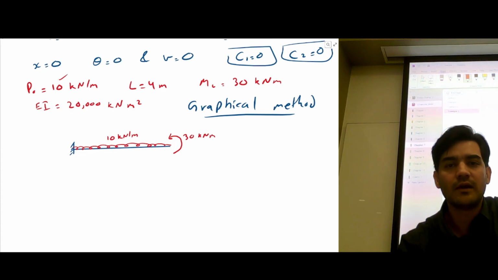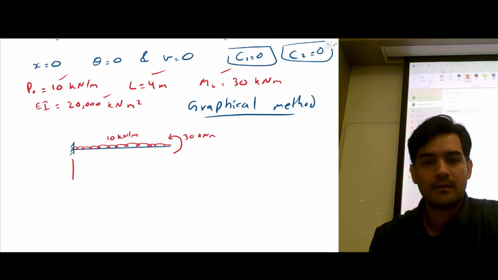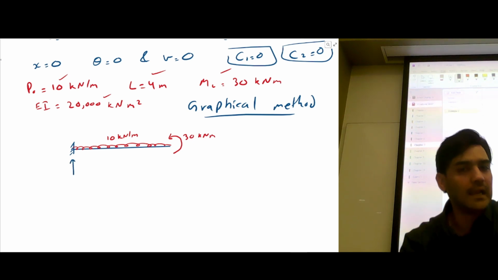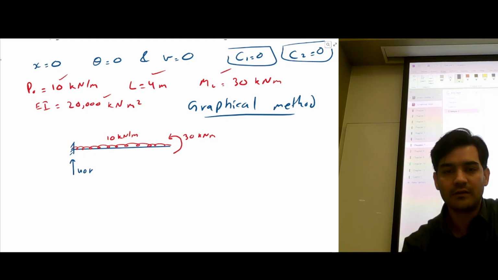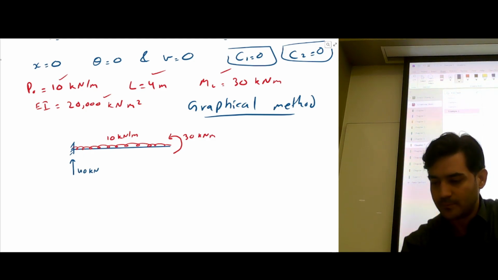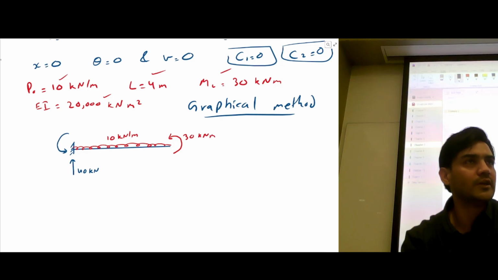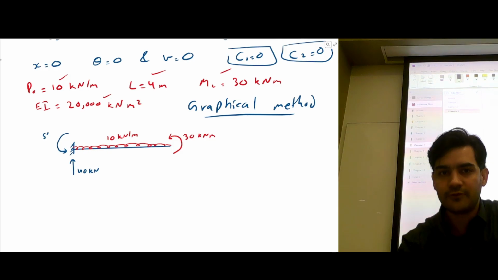I'm just inputting the values which we already know, and we already know the reactions also. This reaction was P naught L, so P naught is 10, L is 4, so it's going to be 40 kilonewton, and the moment, we already know the equation, right? So if you put the values in the equation, you're going to get 50 kilonewton meter.